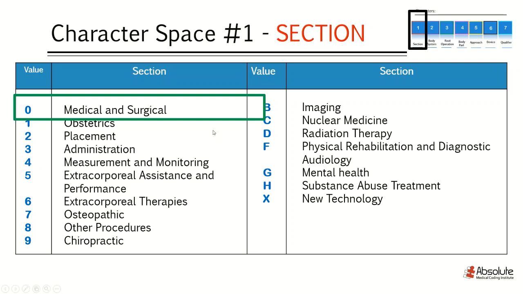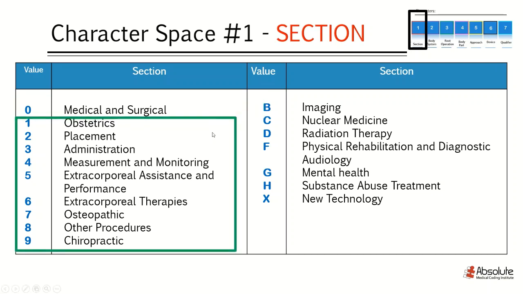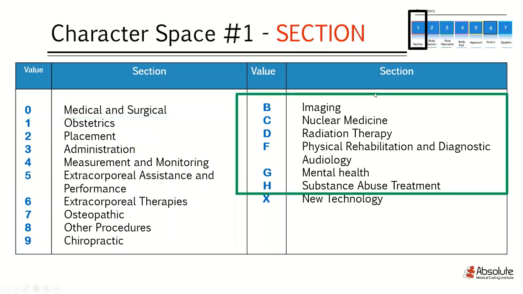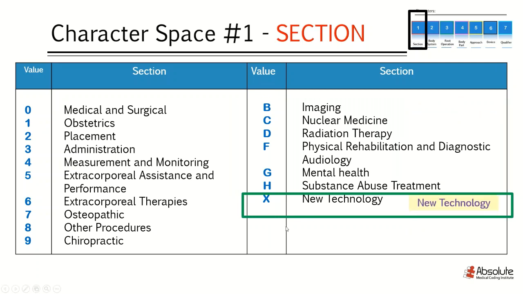In part 2, we discussed the medical surgical related section, and that first character value will be either 1, 2, 3, 4, 5, 6, 7, 8, 9. And today, we're going to talk about the ancillary section, that's values B through H, and we're going to talk about new technology, and that's value X.